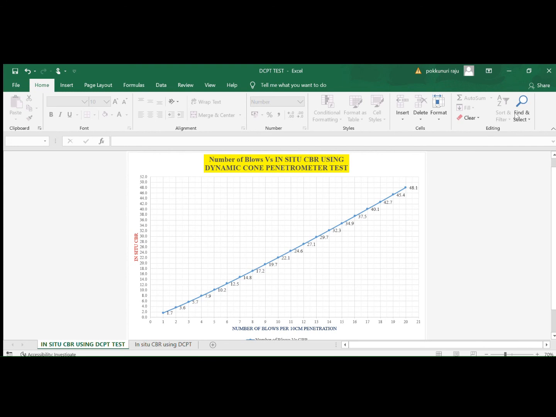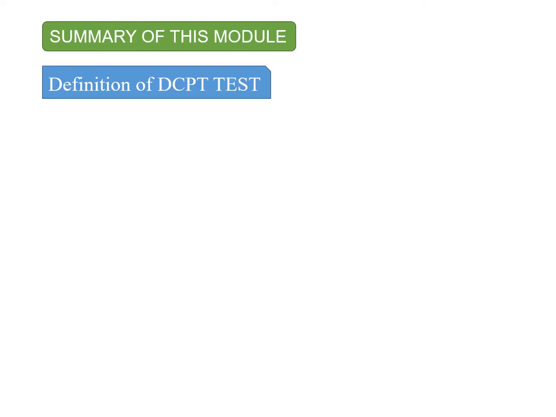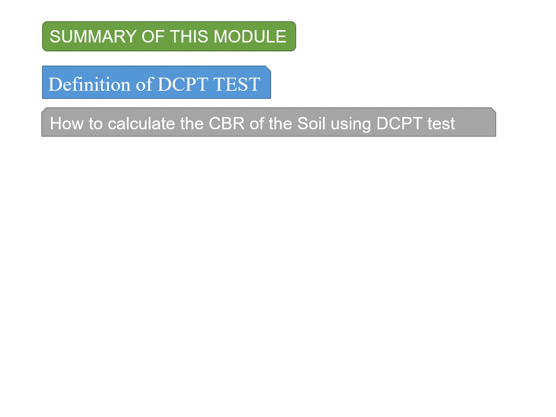Now, to summarize, in this module we talked about the definition of the DCPT test. We also talked about how the Excel sheet is utilized with the equations given in IRC 37 and ASTM or Klein's model to predict the CBR value of the soil at the point where the DCPT test is conducted.